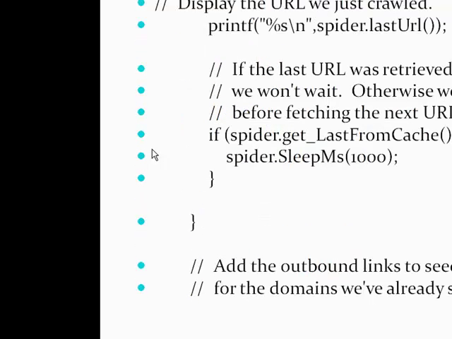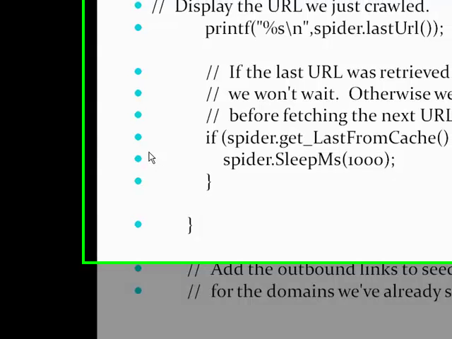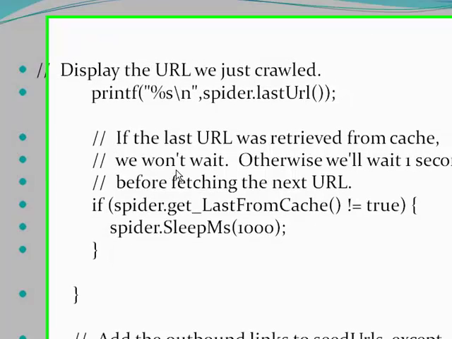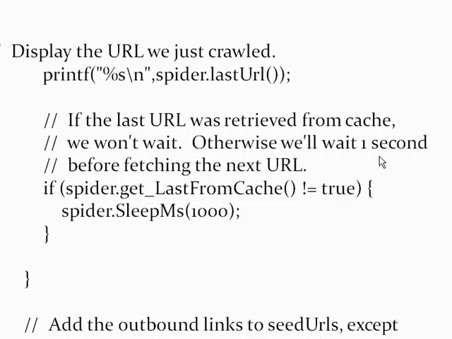Now you can see we display the URL we just crawled. Printf, we use spider.LastUrl. The LastUrl is a string read-only property, which gives the URL of the last page spidered. If the last URL was retrieved from cache, we won't wait, otherwise we will wait 1 second before fetching the next URL.